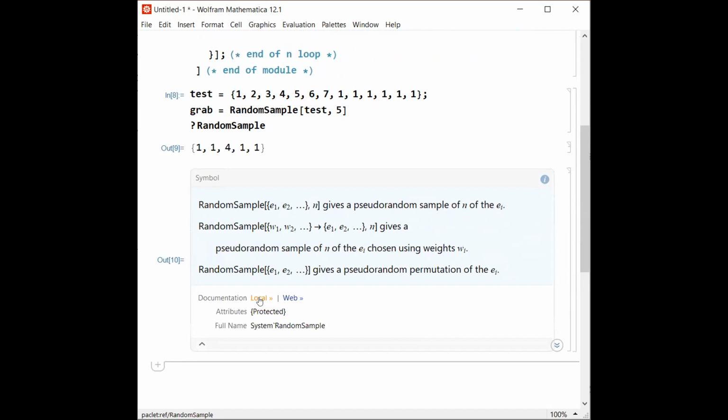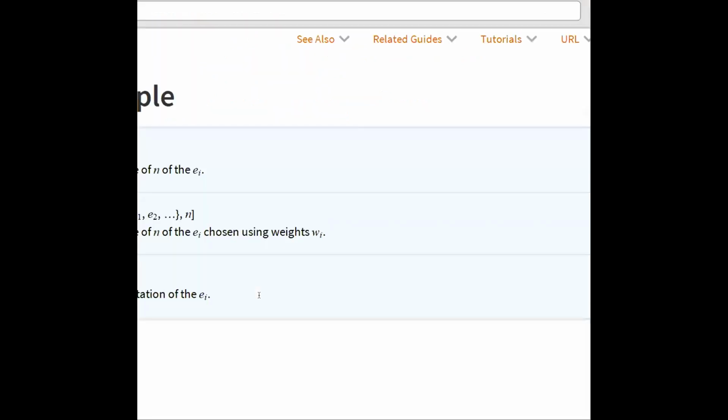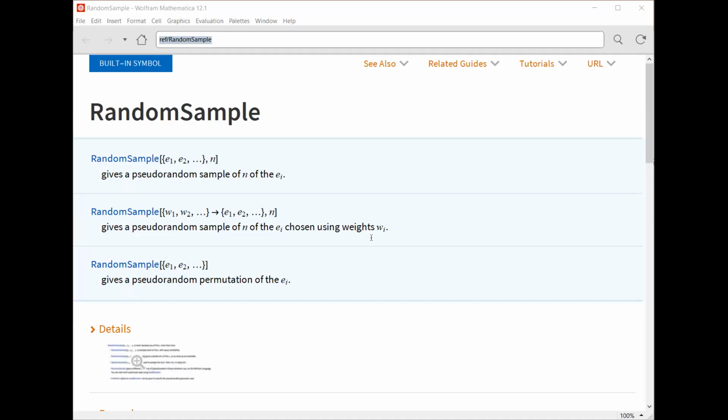I have local documentation. And so here it starts to give you information about the function random sample. It gives a pseudo random sample of n of the elements. So it just pulls them. And you can see that this does what you want it to do.